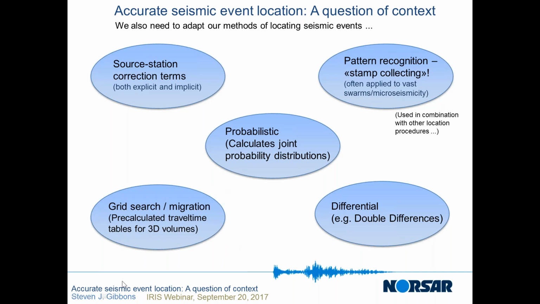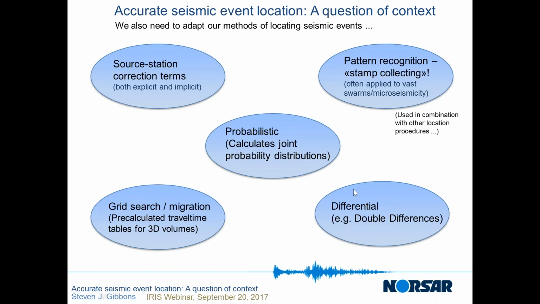In microseismic and smaller scale problems, we have very complicated velocity structures, for example in mines or reservoir systems. It's usually necessary to pre-calculate three-dimensional travel times, and then we can do grid searches or migration to do brute force location of events.